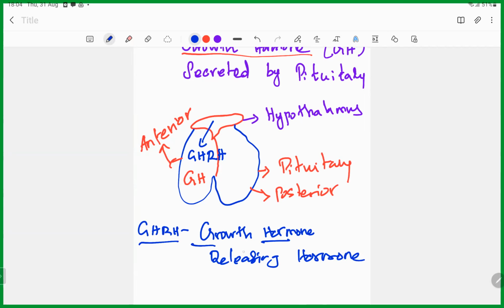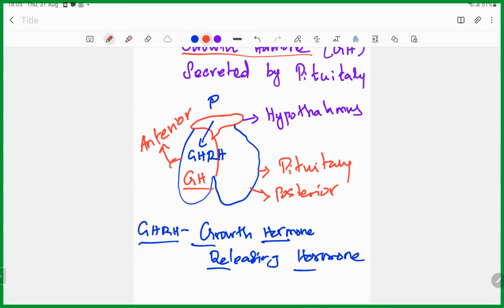Growth hormone releasing hormone. From the hypothalamus, if GHRH comes, the pituitary will secrete growth hormone.